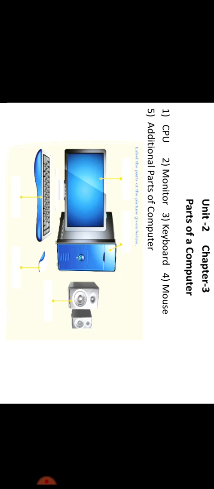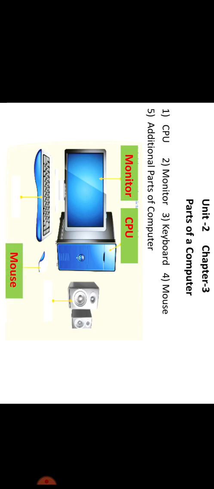So let us start from first, monitor. This is called a monitor. A big screen is called as a monitor. Second, this box is called as a CPU. CPU means what? Central Processing Unit.